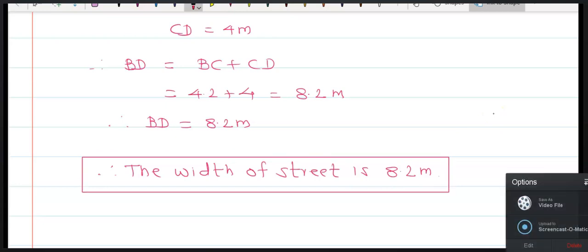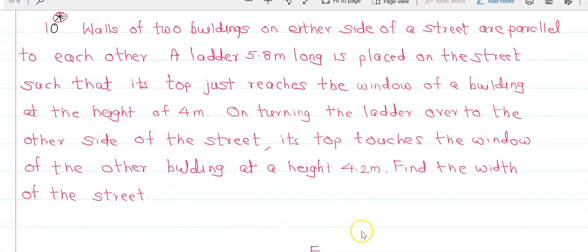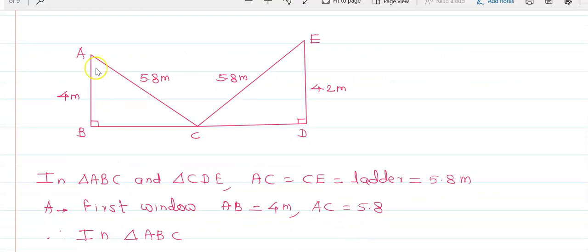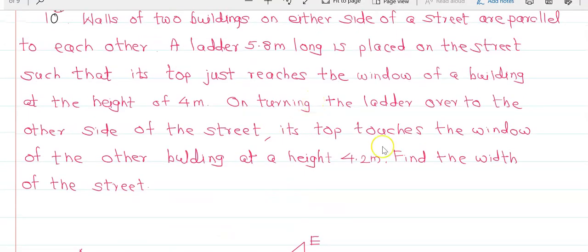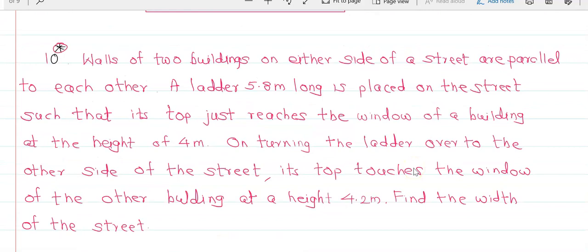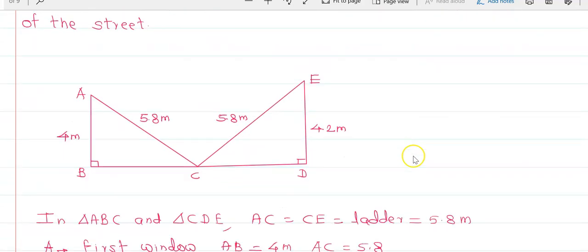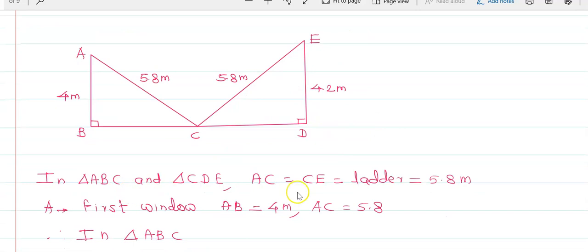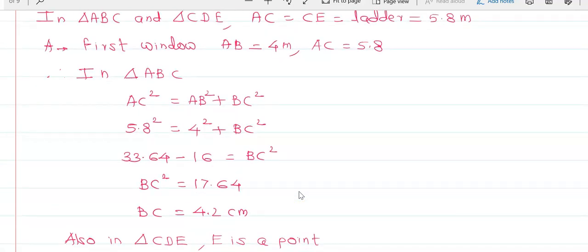Now again, we'll see this here. This is the problem. We want to find out the width of the street. We consider here the two triangles ABC and CDE. The first triangle is ABC. AC square is equal to AB square plus BC square, 5.8 square, 4 square plus BC square.